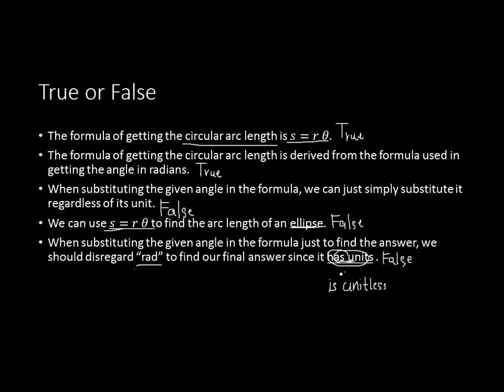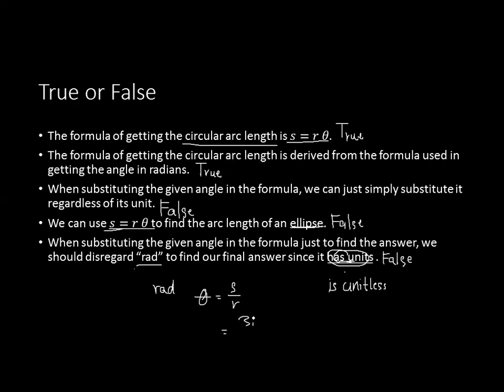It's supposed to be unitless. Remember, we use radian to represent a number that is an angle, but not in degrees. And remember that when we use this formula, S over R, S, which is the arc length, has the same unit as the radius.